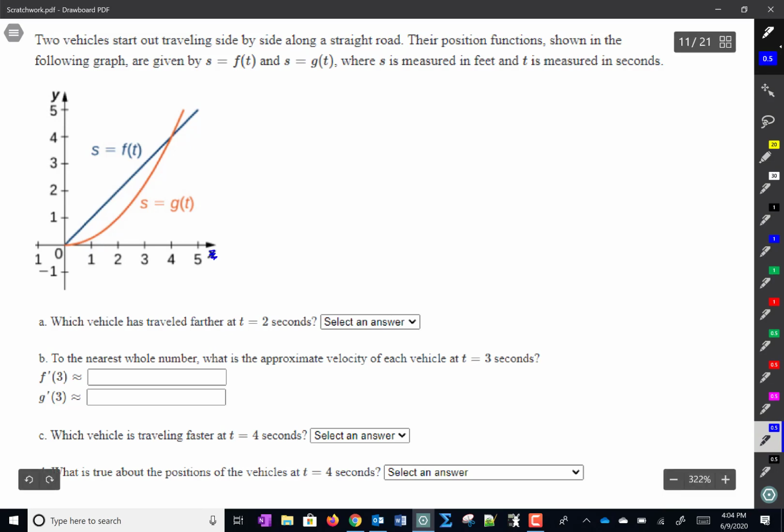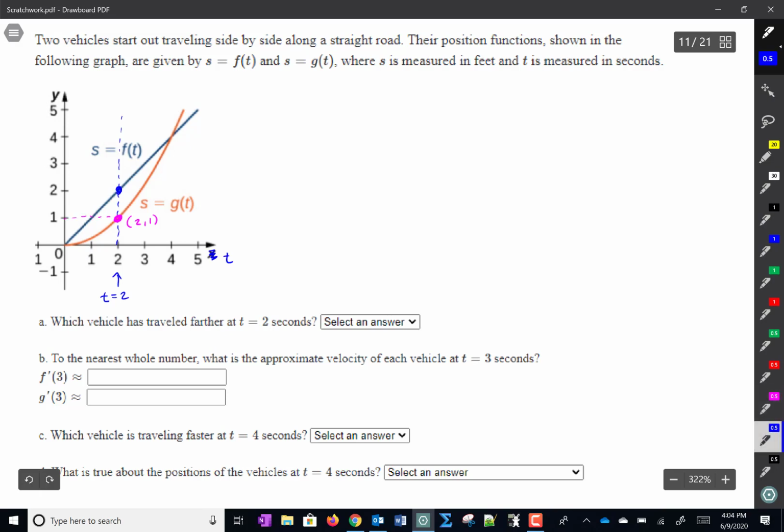Now, first off, this is the t-axis, so let's just correct that for them. And t equals 2 would be right here. So when t is equal to 2, the function g of t is at this particular position, which would be a y value of approximately 1.